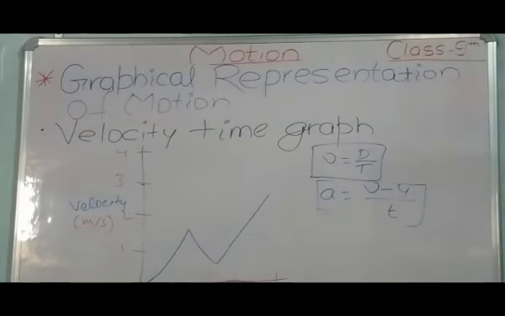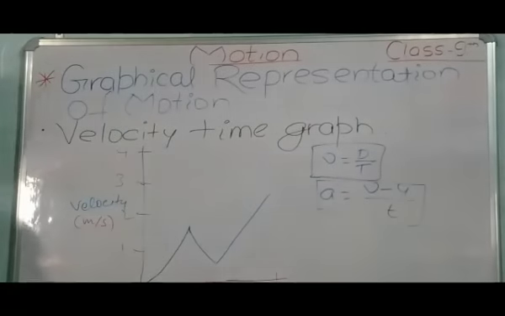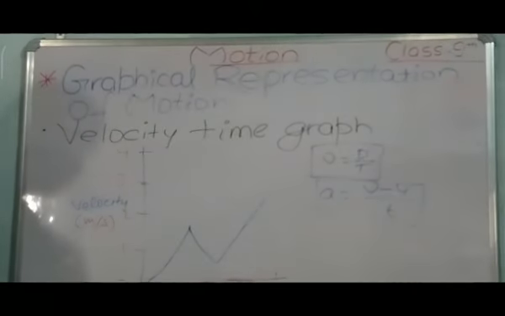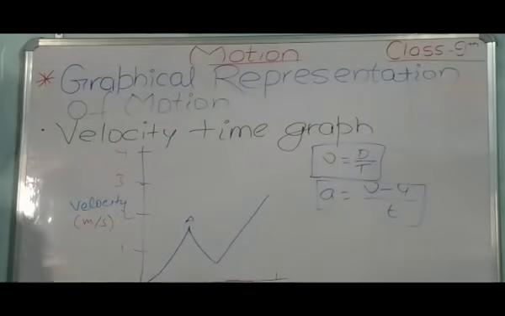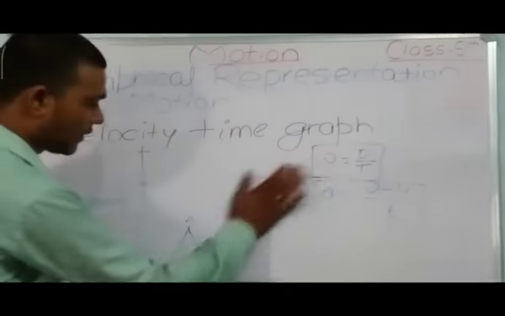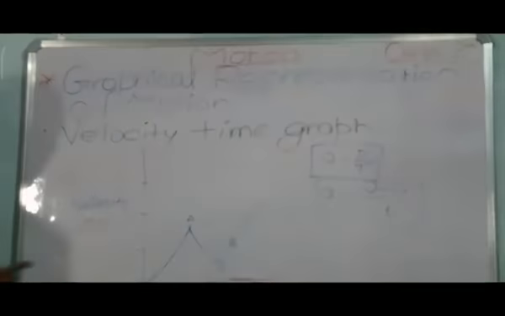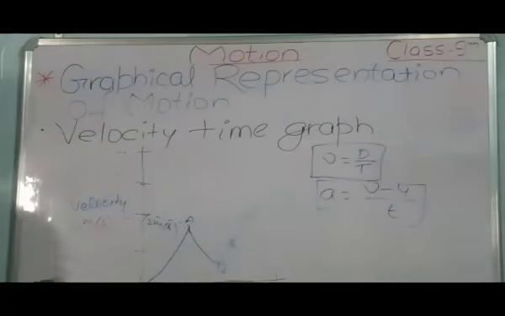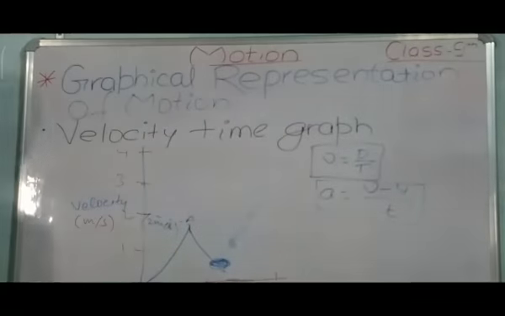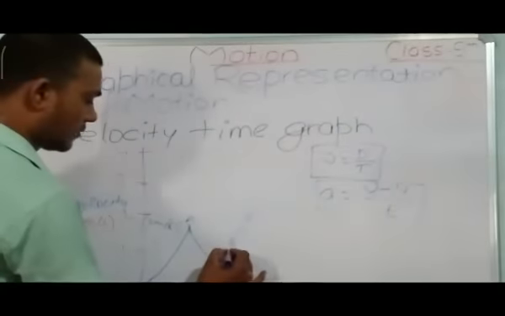Okay. See, if an object starts moving from 0, it goes to A and then from A to B. In this journey the initial velocity of the object is 2 meter per second and the final velocity is 1 meter per second.